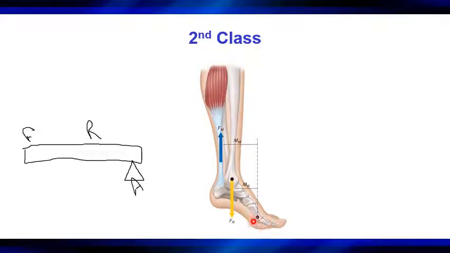What you lose is movement, because if you think about moving from here to here, there's not a lot of displacement that occurs. So while you gain force with a second-class lever, you lose the ability to create more displacement or movement.